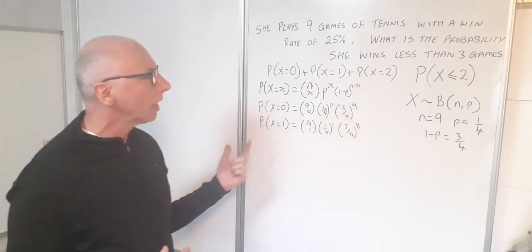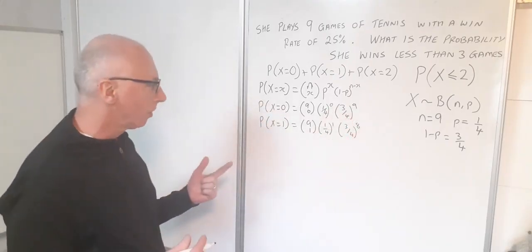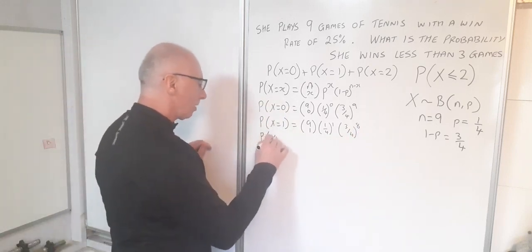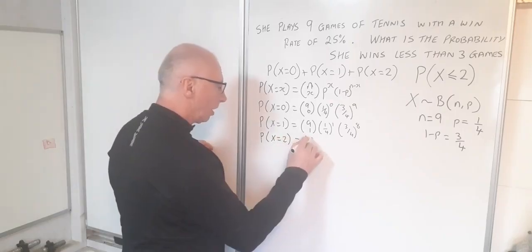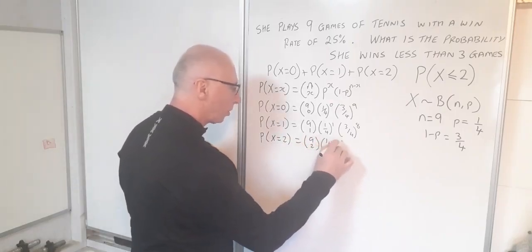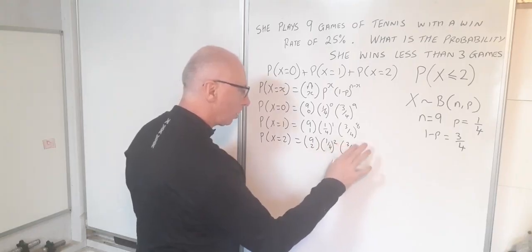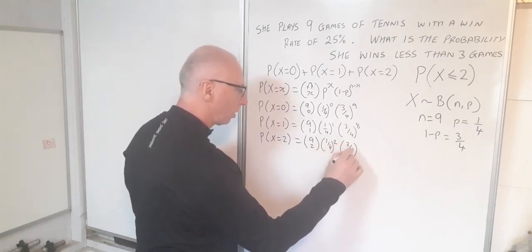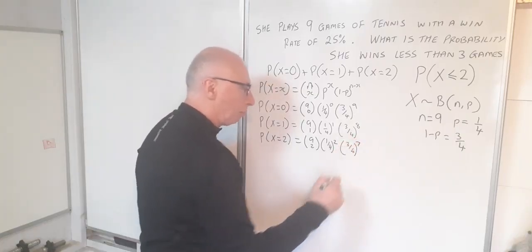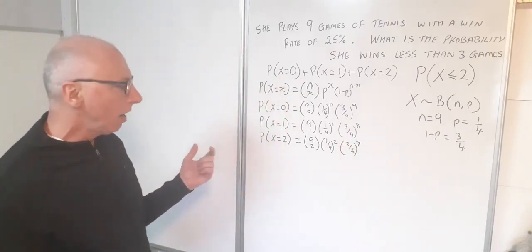There's no point just calculating the ones that she doesn't, or she does. So then probability x equals 2. That would be 9 choose 2, a quarter to the power of 2, and then she's going to lose 7 if she only wins 2. So that's how we're going to have to calculate our answer.